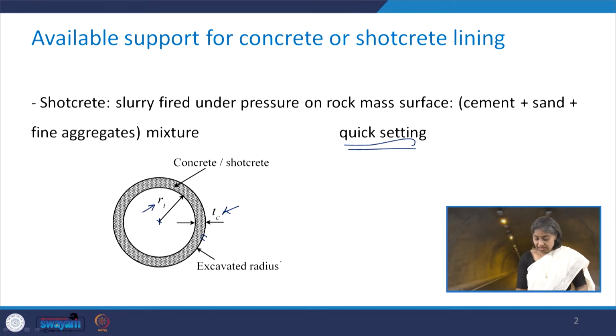So basically the excavated radius is Ri plus the thickness of the concrete or shotcrete layer. After the application of the layer, this is how the system looks in the cross section.